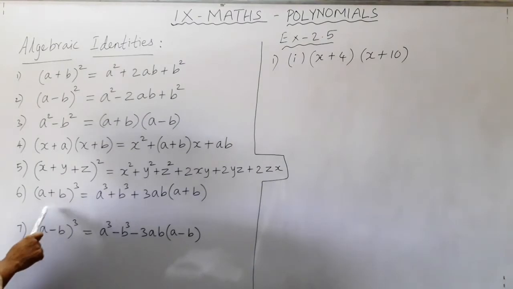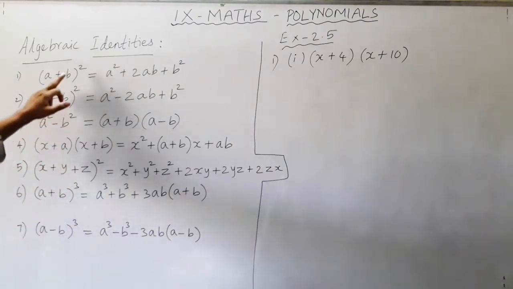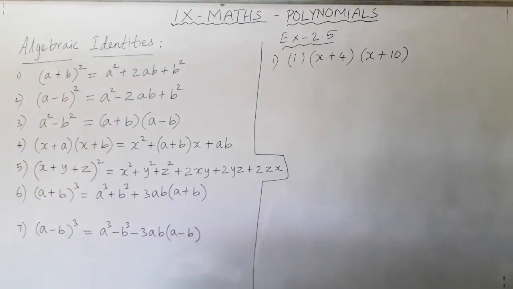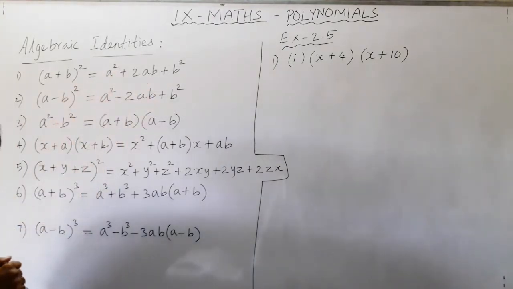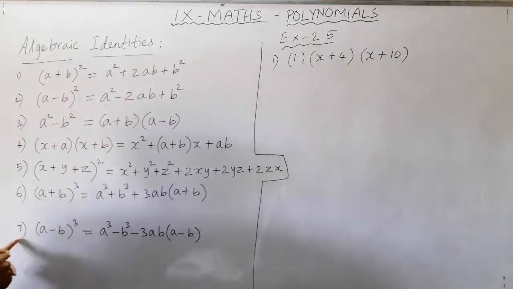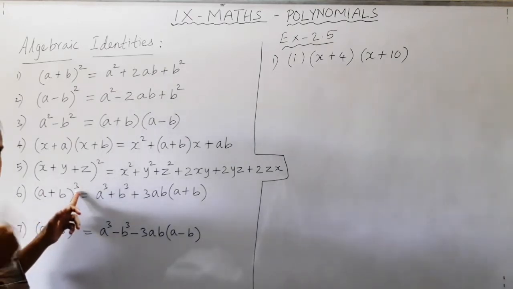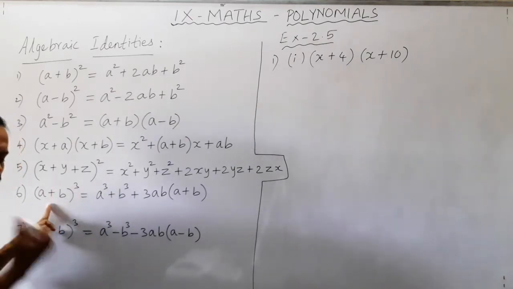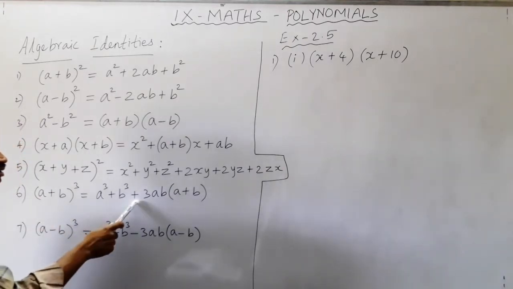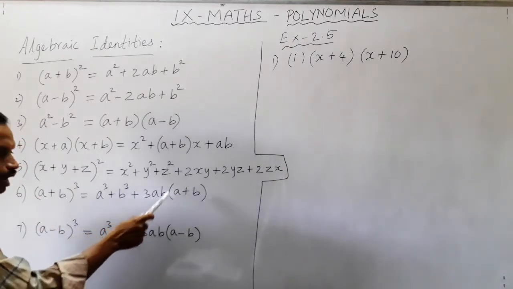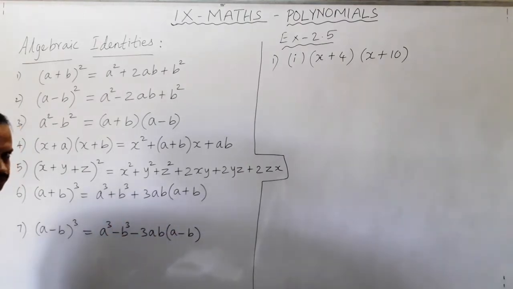And here (a plus b) whole cube. So far the exponent is 2, you see. Wherever you see, the highest power is 2. But coming to 6 and 7 you see 3 is coming. So (a plus b) whole cube is equal to a cube plus b cube plus 3ab into (a plus b).